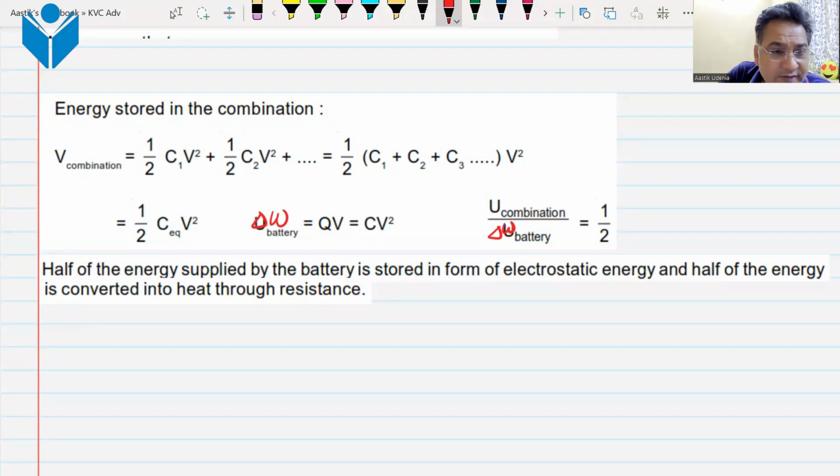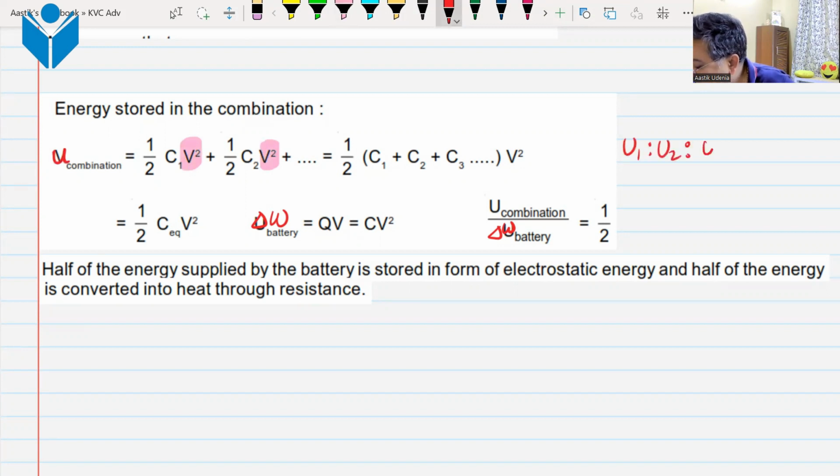Okay, then we can write this. The energy of the combination can be written as half (C1 plus C2 plus C3 and so on) V square. Here V is common, so we can see that the energy stored in each capacitor, U1 is to U2 is to U3, will be in the direct ratio of capacitance.